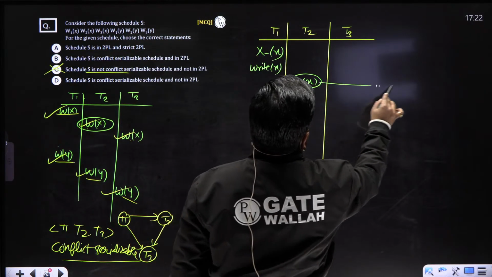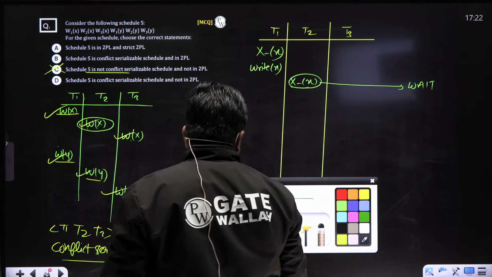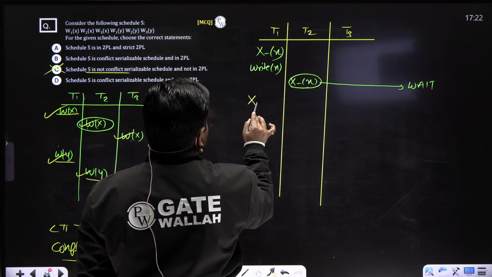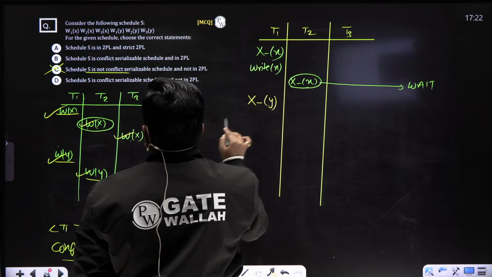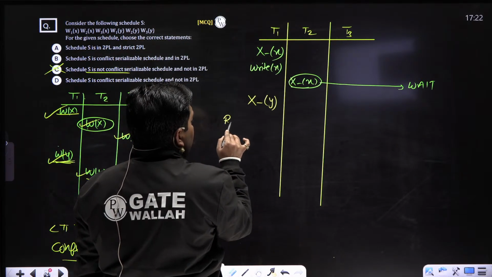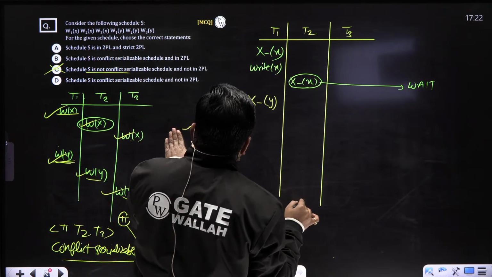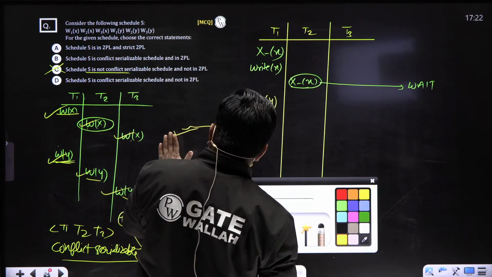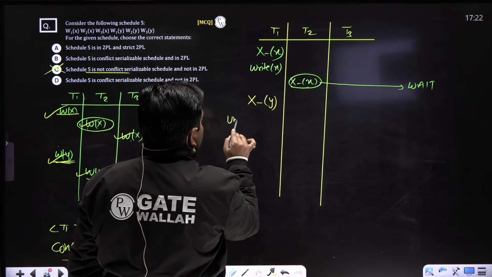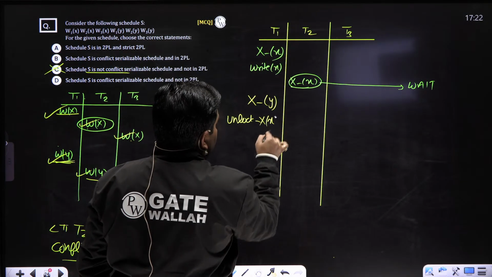Wait. So what we done, we have to complete growing phase. So we take an exclusive lock on Y and release, revoke, unlock, we can say, exclusive lock on data item X.